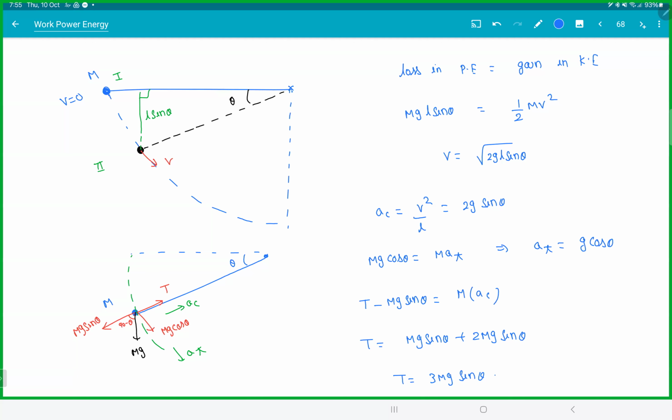How to get the angle? I give you all the data. So he's saying the resultant of A centripetal and A tangential is horizontal. Try, I'll give you a minute.